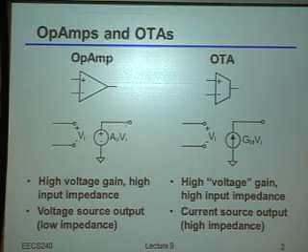You still want infinite input impedance. That's true for both. But again, the big difference is in an op amp, 0 output impedance, whereas in an OTA, you have an open circuit output impedance. In both cases, you still want "high voltage gain." I put this in quotes because obviously in an OTA, you don't really have voltage gain.